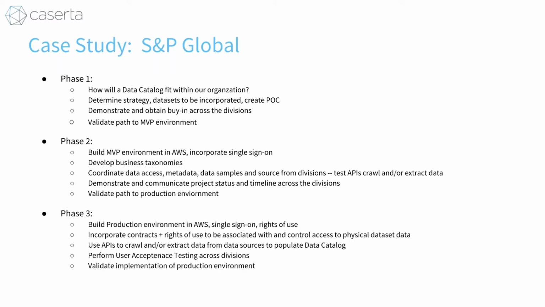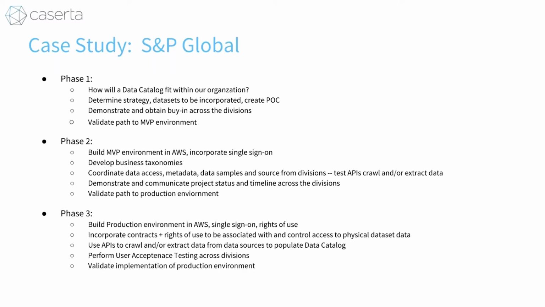And they didn't know that until we were with them for a few weeks and we started talking with them. We realized early on that a large part of this project was going to be getting a common understanding of what this catalog was going to be.